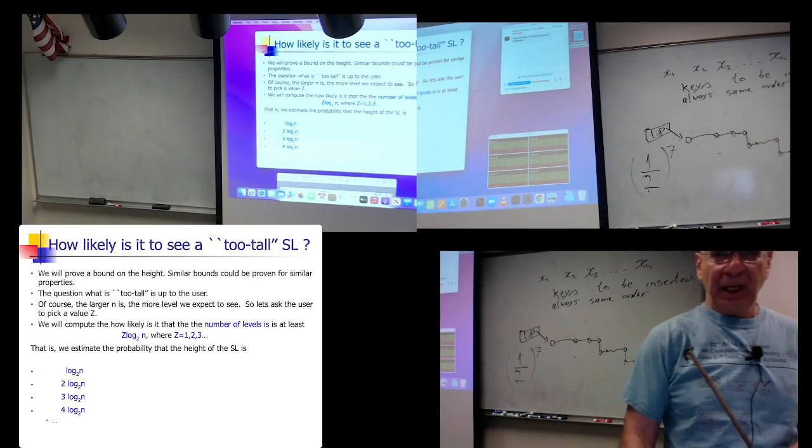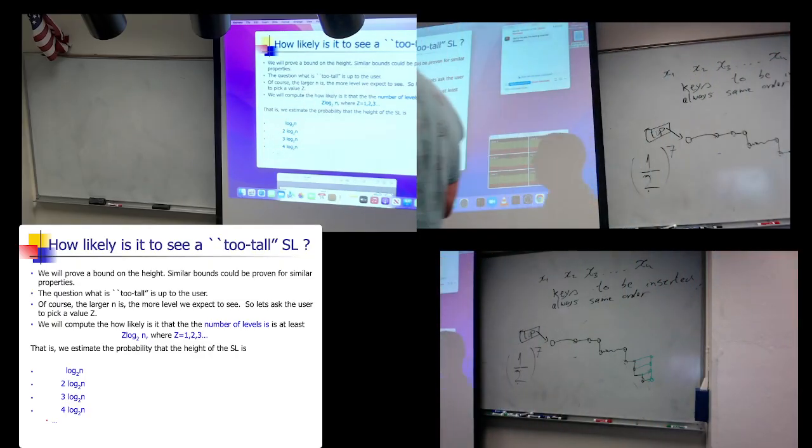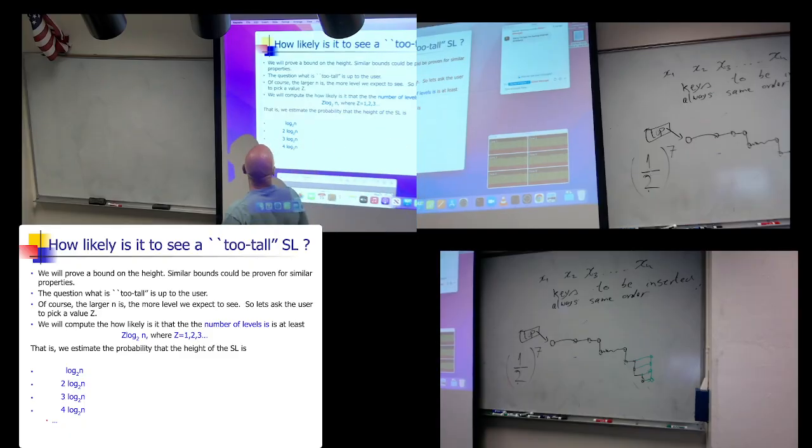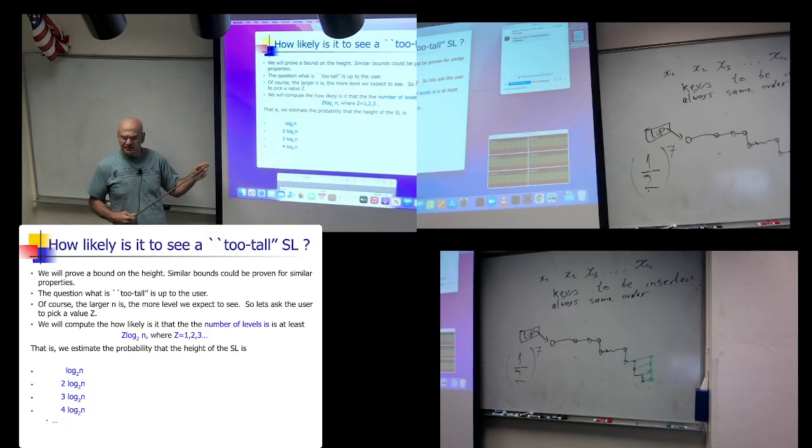Let's try now to dive a bit deeper to understand why the skip list behaves so well. We can pick a few parameters of the skip list, and the simplest that I could pick and still give a rigorous proof would be, let's talk about the height of the skip list.